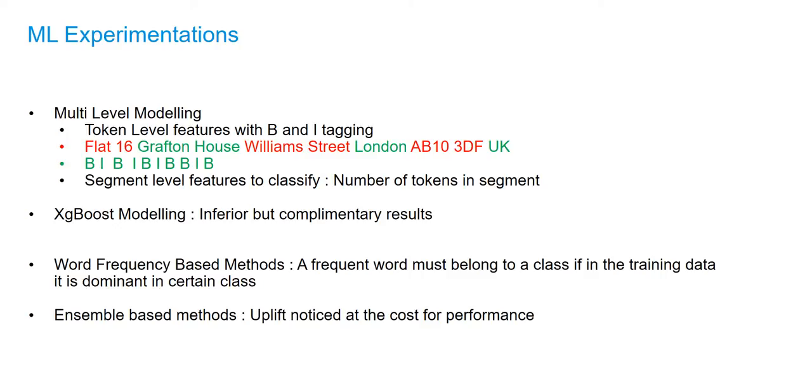What we observed was there were a few variations in which our base neural net model wasn't able to classify correctly, and XGBoost came to the rescue. So when the neural net faltered, in some cases XGBoost performed really well. But overall, on a varied test and validation set, XGBoost accuracies weren't at par.